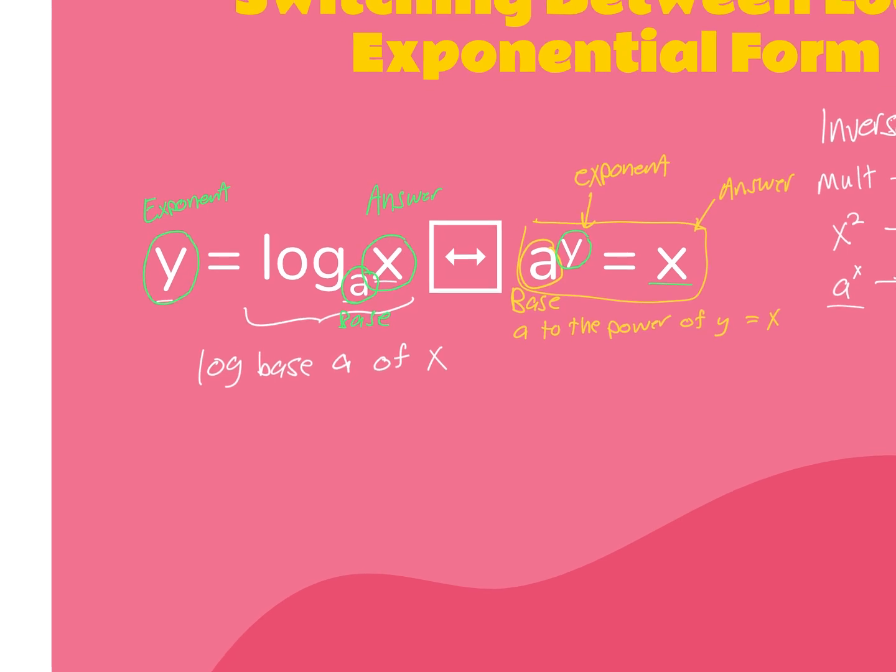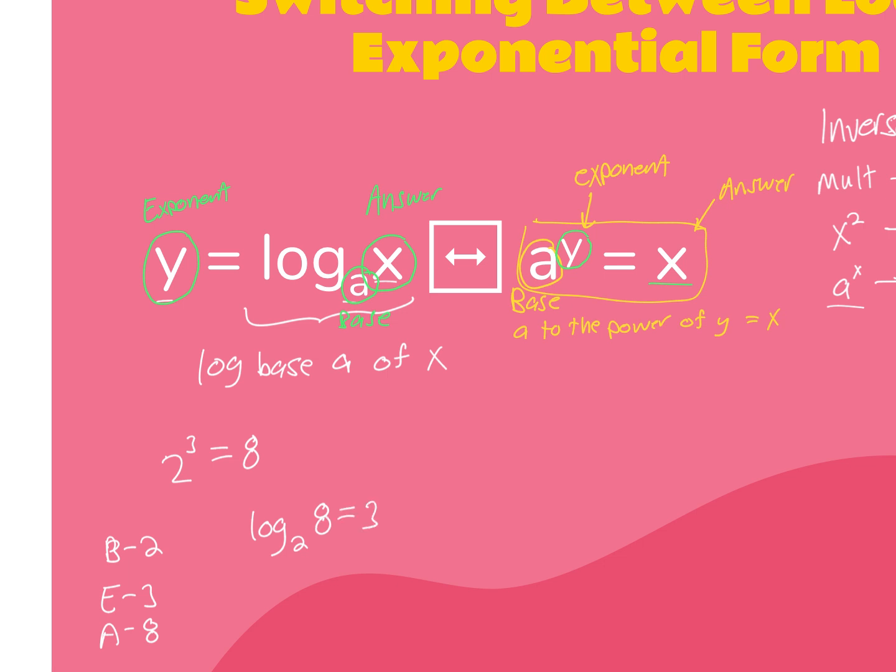So for instance, if I had 2 to the power of 3 equals 8, what is your base? Well, your base is 2. What is your exponent? It's going to be 3. And then what is your answer? Your answer is 8. I can go ahead and rearrange this and say log base 2 of my answer equals the exponent 3.